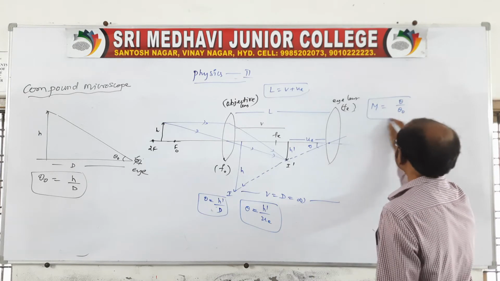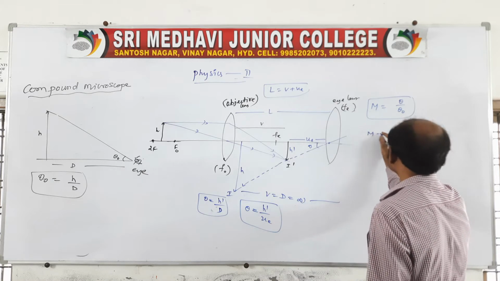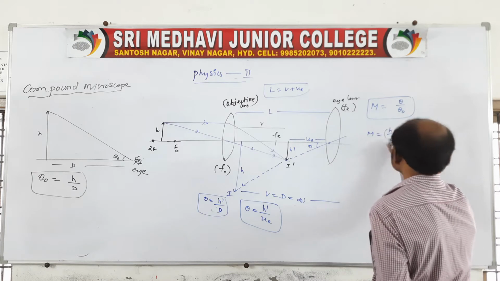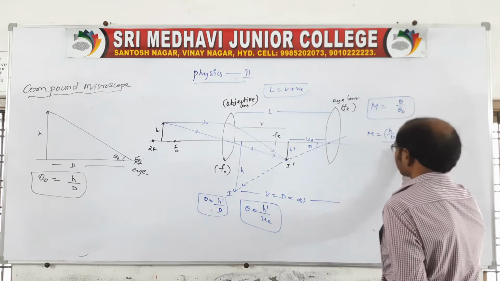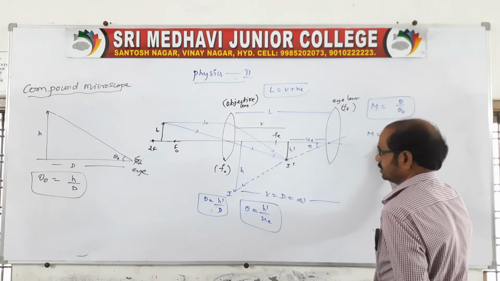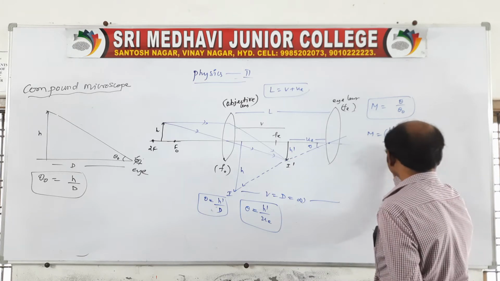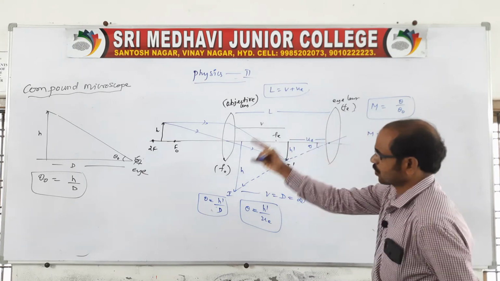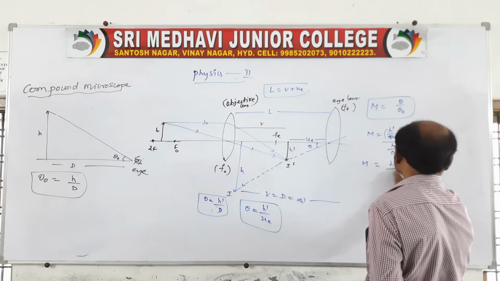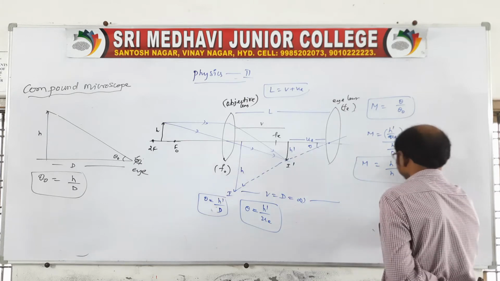We know theta naught as well as theta. Here you write capital M is equal to theta, which is h dash by d, or ue, by theta naught, which is nothing but h by d. So capital M is equal to, if you reverse, h dash by h into d by ue. Shall I write like this?